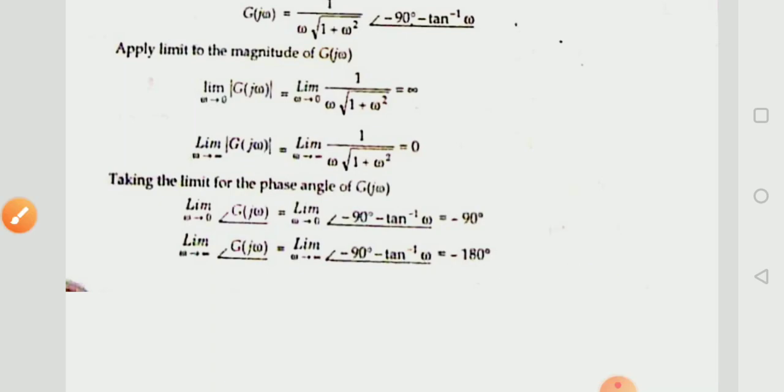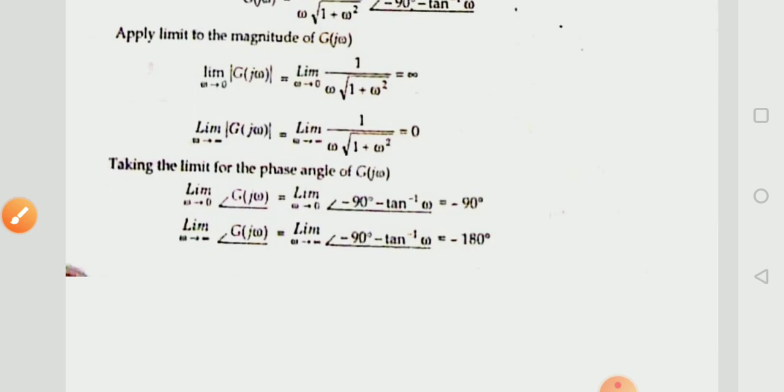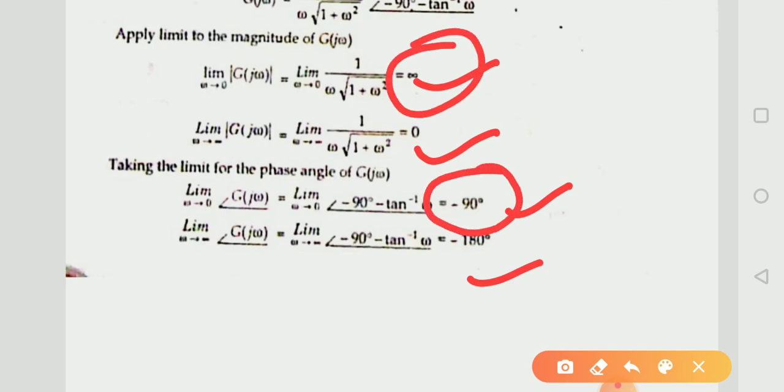So we can say for omega equal to 0, the magnitude is infinity and angle is minus 90 degree, and for omega tends to infinity, the magnitude is 0 and angle is minus 180 degree. It means at minus 90 degree the magnitude is infinite, and at minus 180 degree the magnitude is 0.